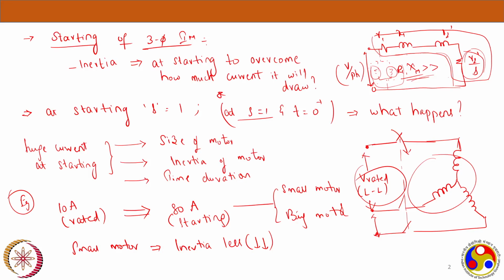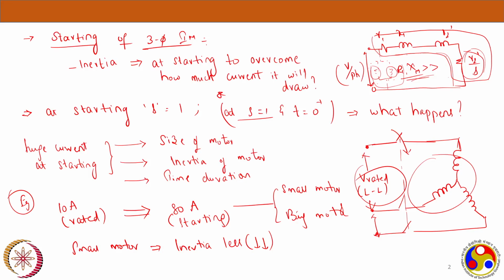Because at the starting, the machine starts with inertia, and it needs to overcome that inertia in order to start. We have seen the importance of understanding the starting, and that to overcome it, it will draw a large current. That also we saw.